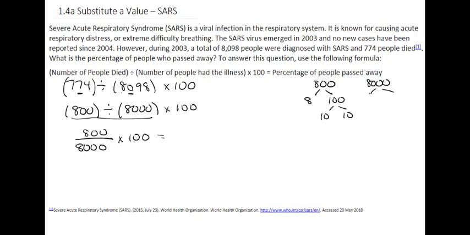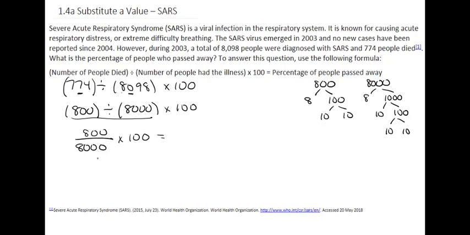So 8,000 can be broken down into 8 times 1,000, and then 1,000 can be broken down into 10 and then 100, because 10 times 100 equals 1,000, and then this 100 is broken down into 10 and 10. So the reason why we're just going to leave it there is because we're going to be able to cross out a lot when we start dividing.